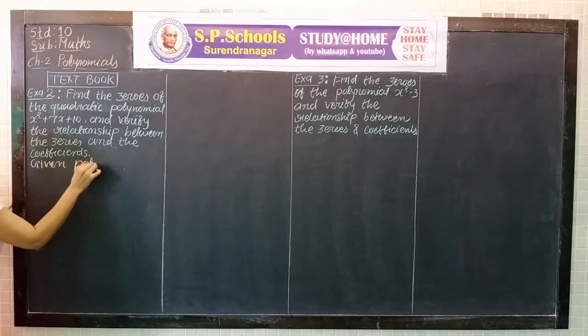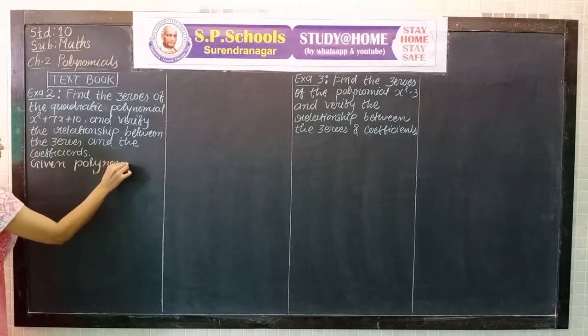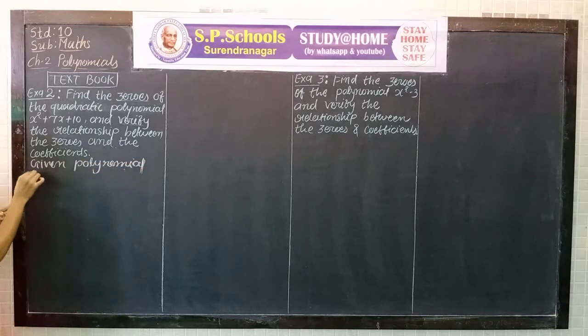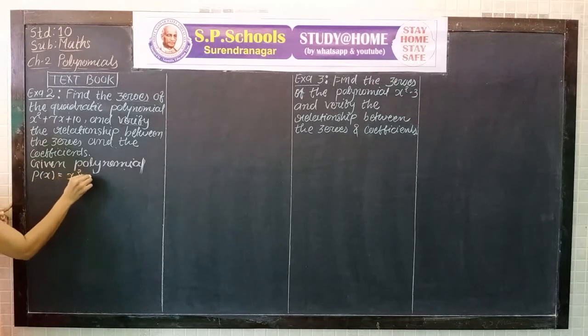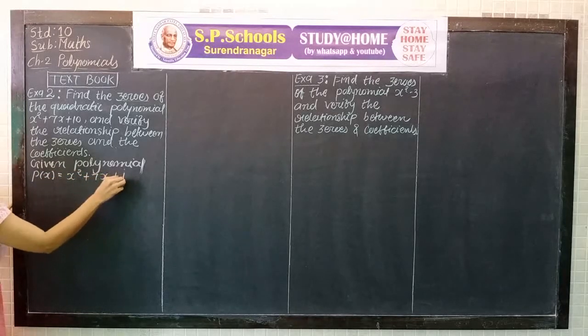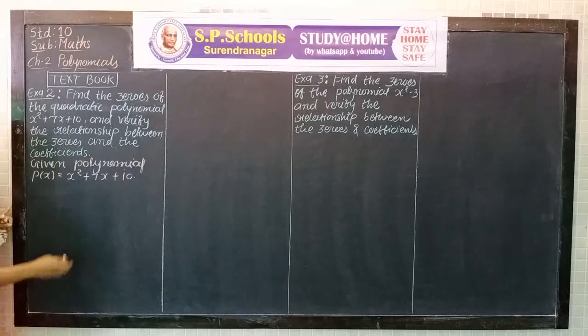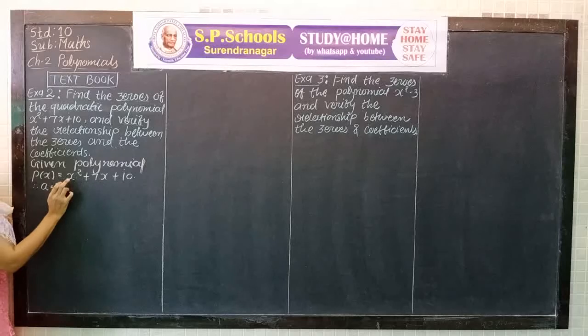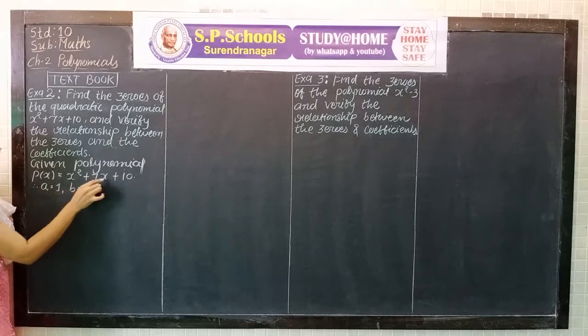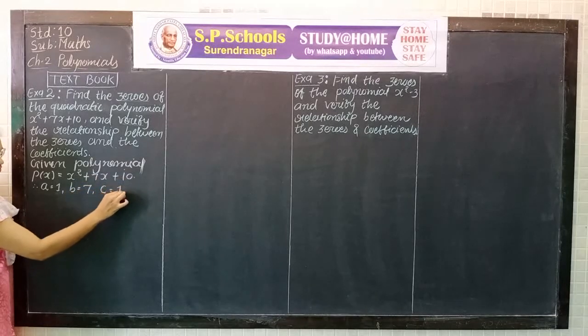Given polynomial p of x is equal to x square plus 7x plus 10, where the coefficient of x square, a, is equal to 1, the coefficient of x, b, is equal to 7 and c is equal to 10.